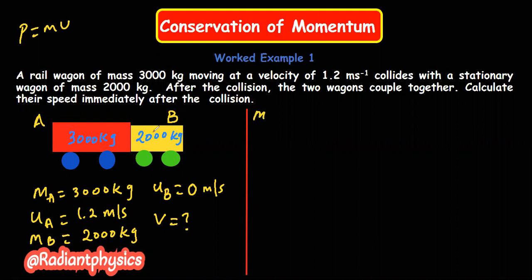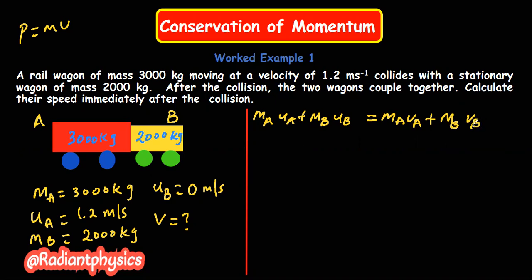The momentum of this, plus the initial momentum of this B, is equal to the final momentum. So we are going to have MA times VA plus MB times VB.